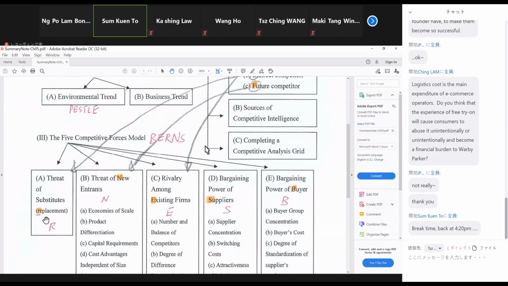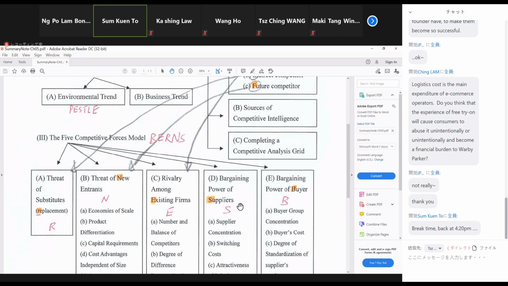So these somehow are about competition. And the S and B are supplier and buyer. What about their bargaining power? So it makes up BERNS, which is buyer B, existing competition E, replacement R, new entrant N, supplier S.